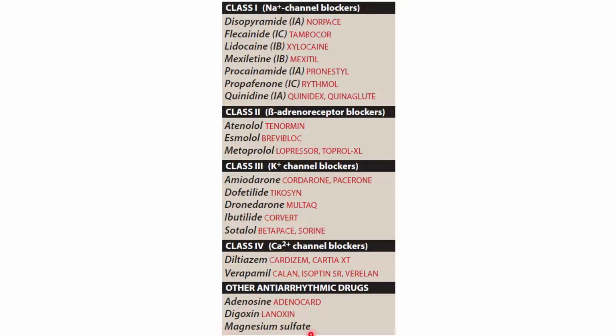And then magnesium sulfate, mostly used for the hyperarrhythmias, because it replaces calcium and decreases the heart rate, and also decreases the blood pressure. So this is the classification of the drugs.